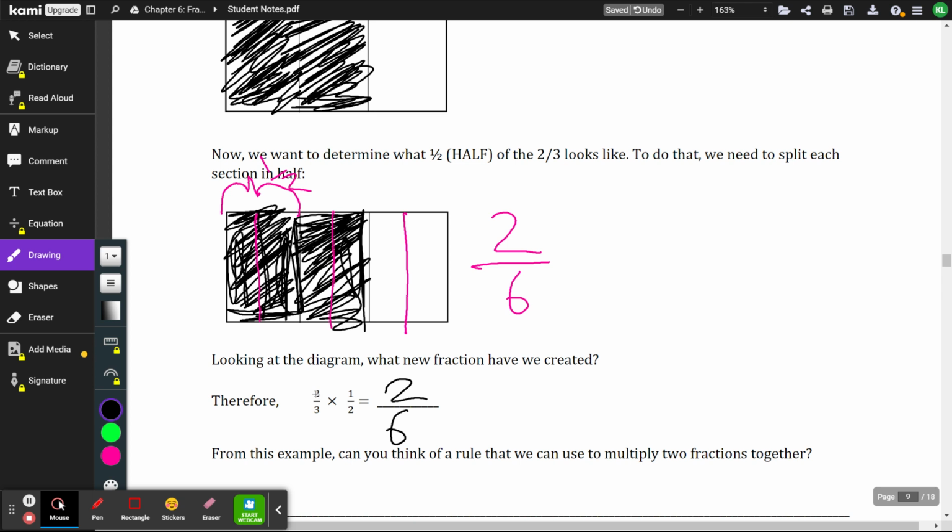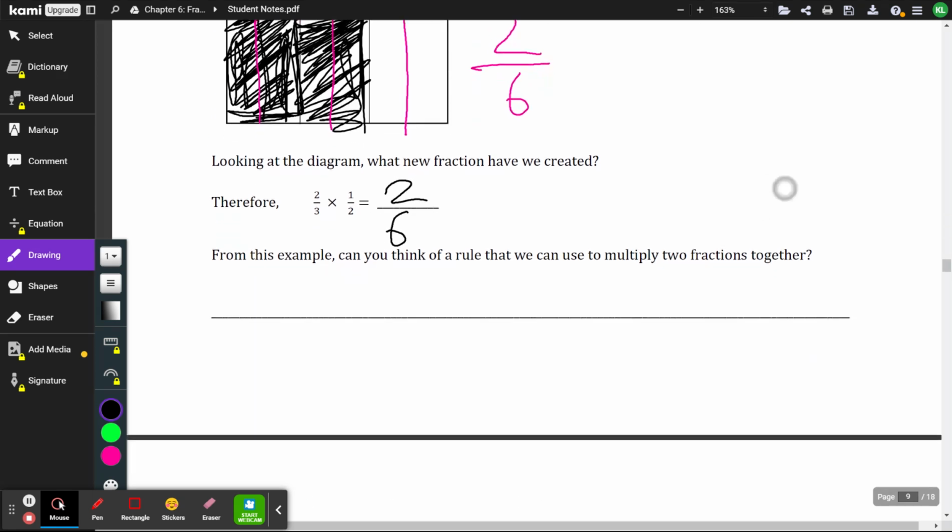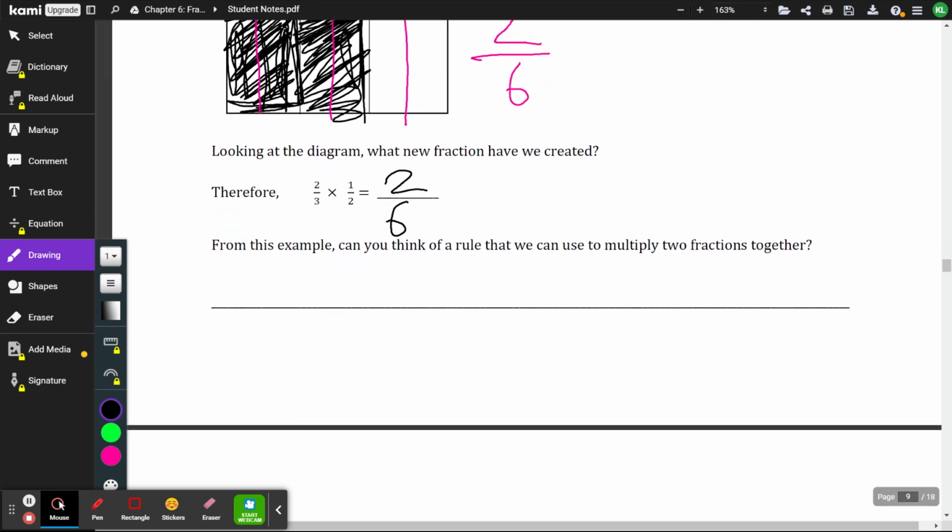What do you notice when we're multiplying a proper fraction by a proper fraction? We're multiplying straight across. We multiply the numerator by the numerator and the denominator by the denominator. So for this example, can you think of a rule that we can use to multiply two fractions together? Numerator times numerator, denominator times denominator.